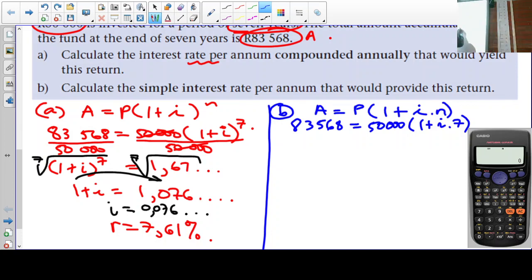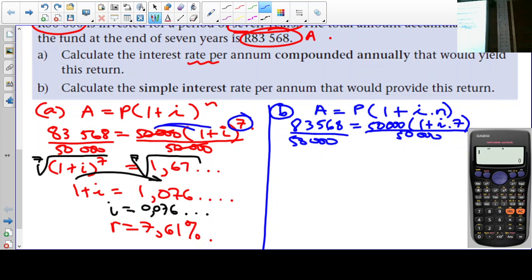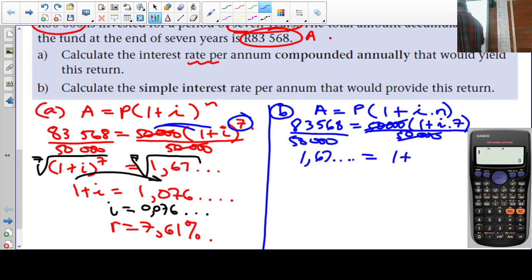So what I do first is I divide by 50,000 both sides. Or I could have multiplied 50,000 out there. The reason why we couldn't multiply out in the previous question was because of that exponent. According to BODMAS, that exponent needs to be solved first. That is cancelled, which of course gives you 1,67 and the number carries on. So it's 1 plus 7i.